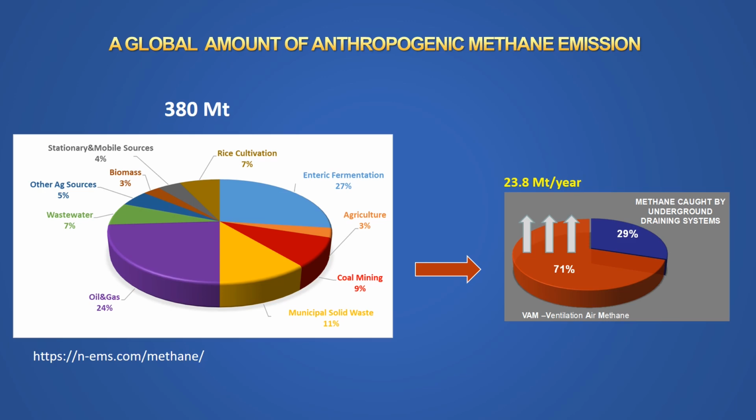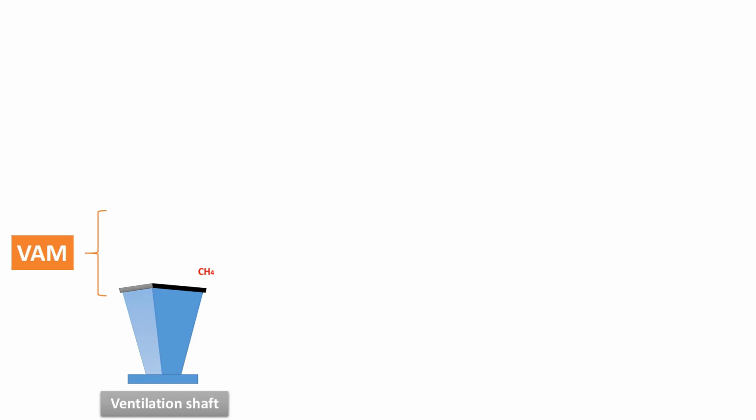It's worth mentioning that the level of this emission is about 23.8 megatons per year and keeps increasing year by year. The VAM emission by the coal mine industry is a serious problem, but it's also a valuable energy carrier.